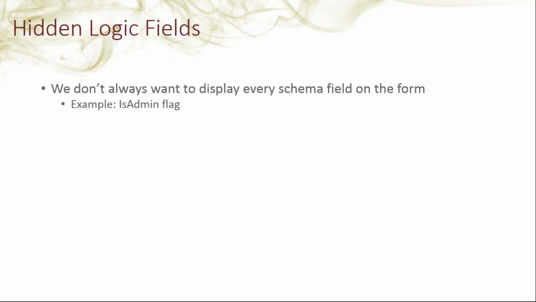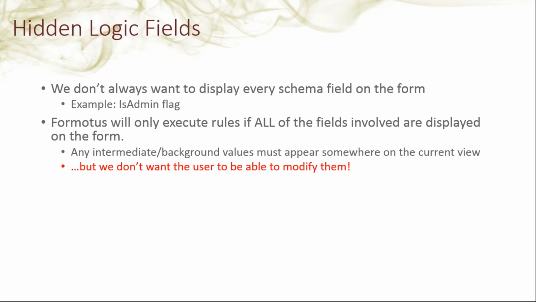For example, some of your users are administrators, so you may add a schema field called isAdmin, and if the person is an admin, that gets set to yes, and depending on that, you may display extra fields in the form or extra sections that only the administrator should see. It turns out Formotus will only execute rules if all of the fields that are involved in the rules are displayed on the form.